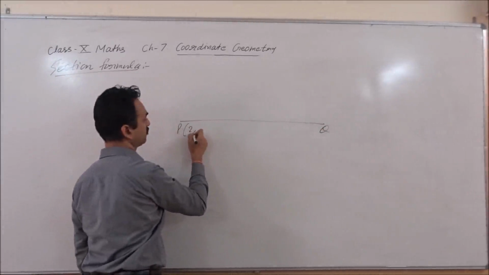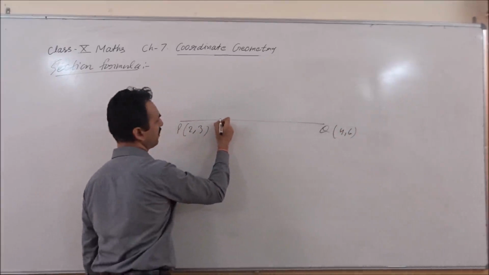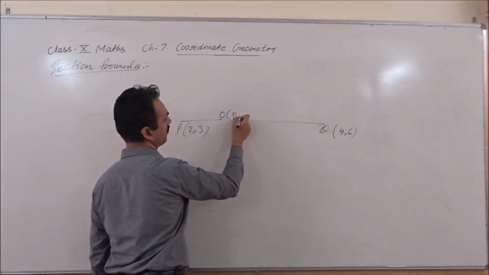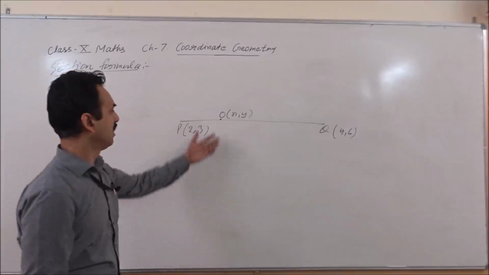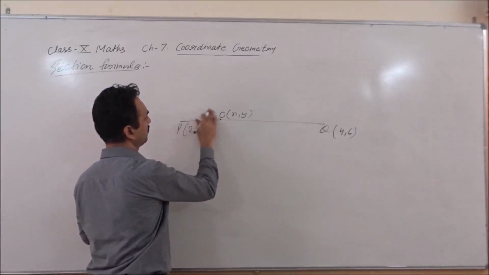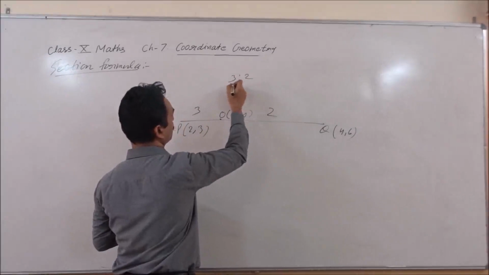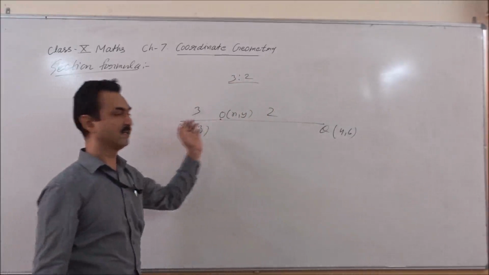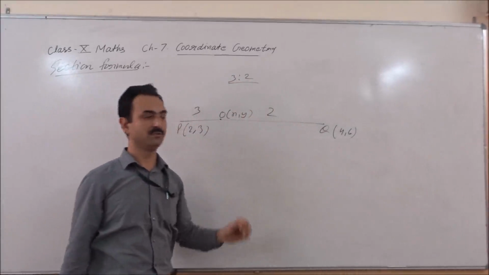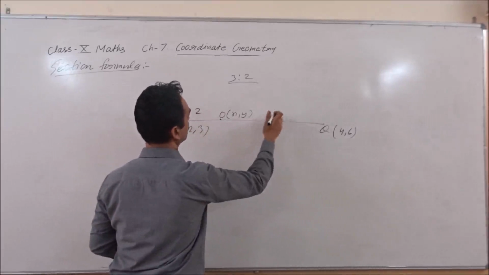These are 2 points, (2, 3) and (4, 6). And somewhere there is a point O (x, y). And this point divides this line in a ratio, suppose 3 ratio 2. According to diagram, I can take 2 ratio 3. So it is better.